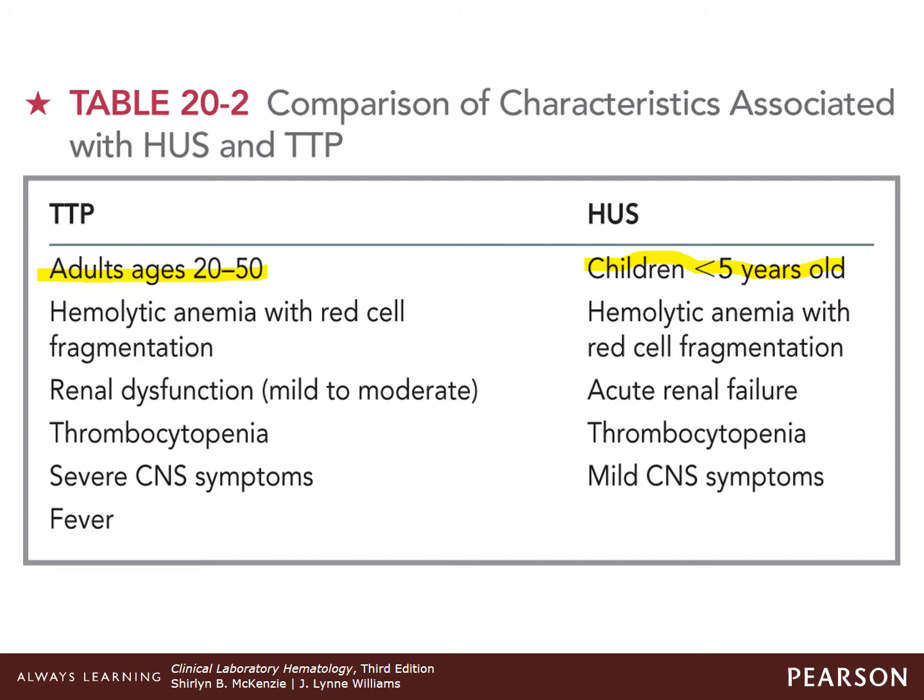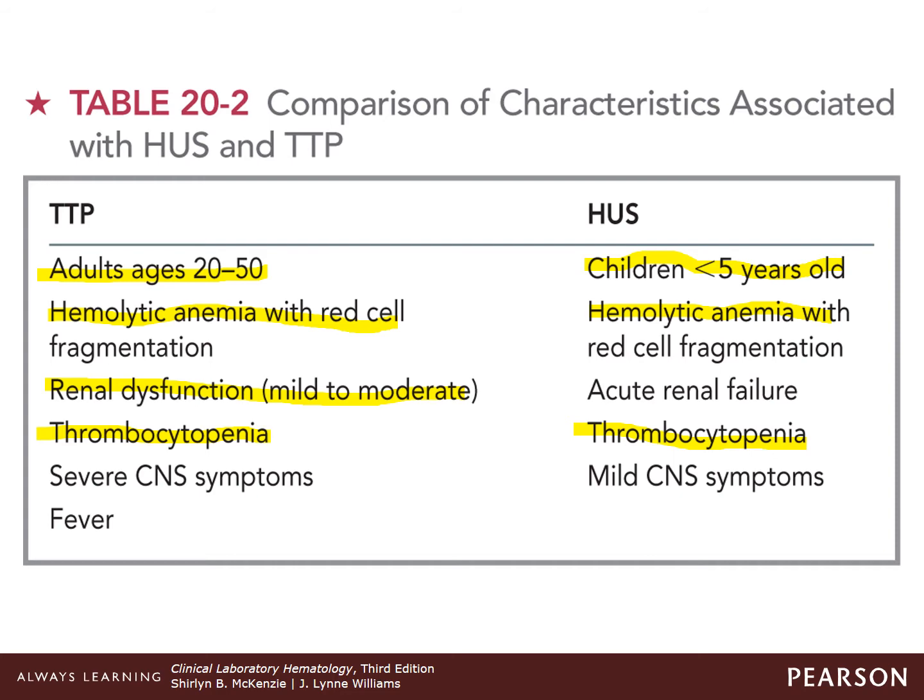A couple of commonalities: yes, you have hemolytic anemia with red cell fragmentation in both of these conditions, as well as thrombocytopenia. We also do see some renal dysfunction in TTP, but with TTP, we're also seeing other organ systems being involved, such as the brain, pancreas, and heart.